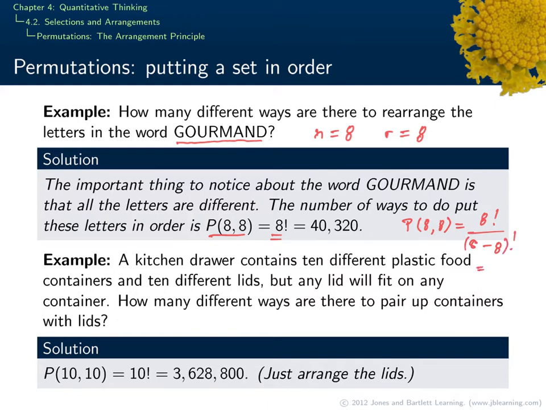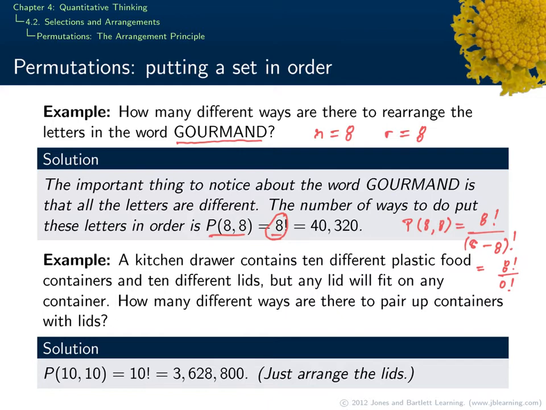So that's 8 factorial over 0 factorial. Now 0 factorial is not 0. 0 factorial is defined to be equal to 1. And so you do indeed just wind up with 8 factorial, because 0 factorial is equal to 1. So there are 40,320 ways to rearrange the letters in the word gourmand.